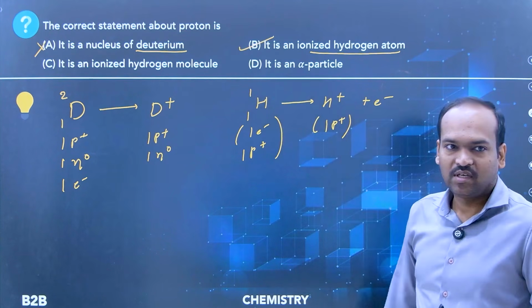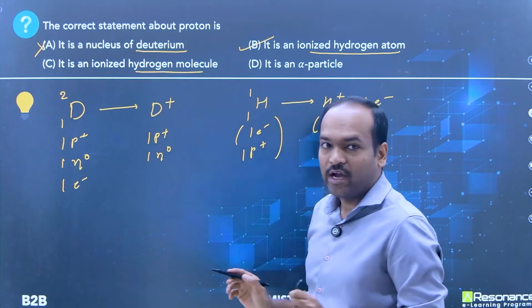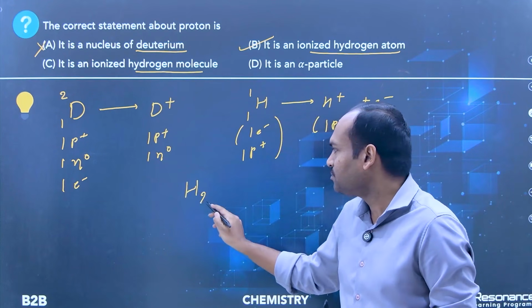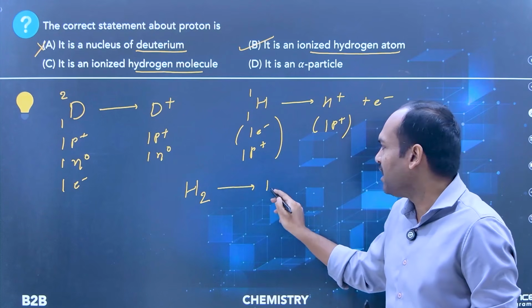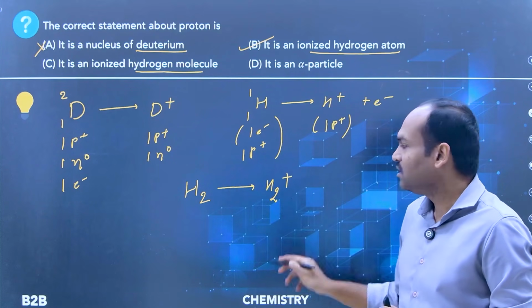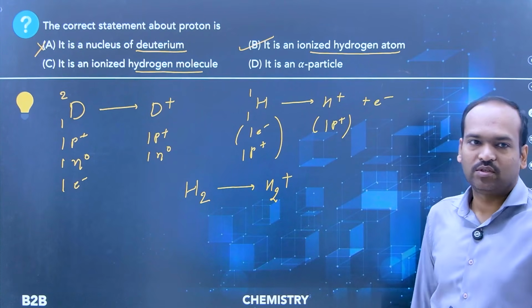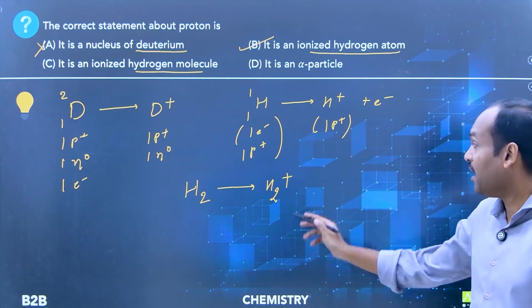So B option. Next, it is an ionized hydrogen molecule. What is the meaning of hydrogen molecule, beta? H2. If I ionize the hydrogen molecule, we have H2 plus. So H2 plus is not a proton. Here it is an ion.